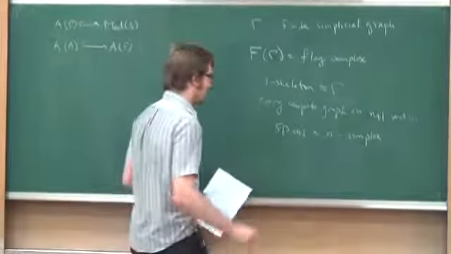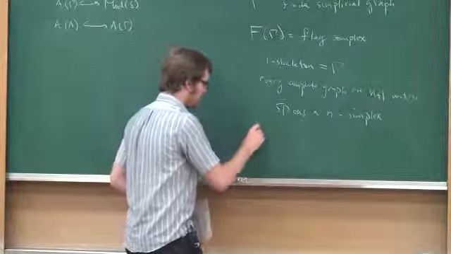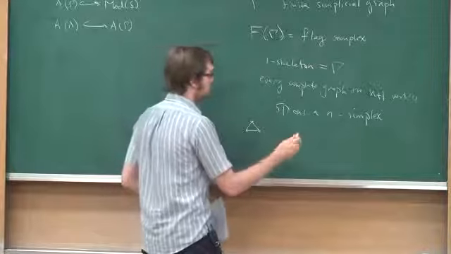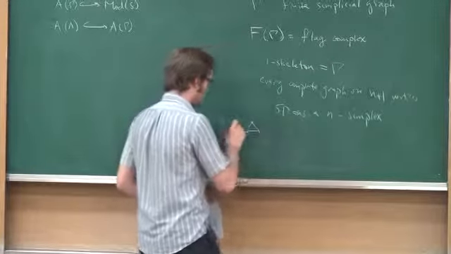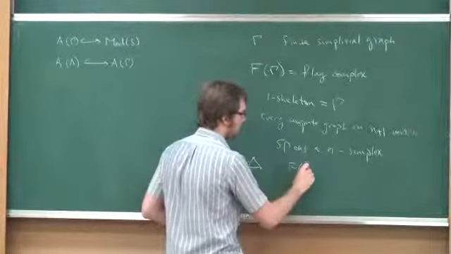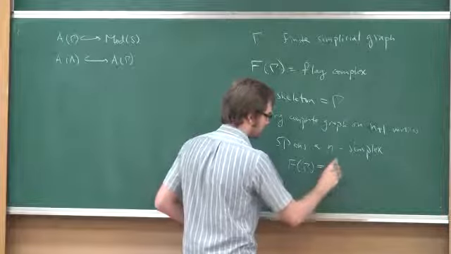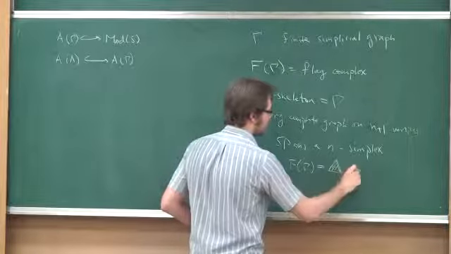So for example, if we have a graph that looks like this, then the flag complex is a filled-in triangle. So this is topologically a disk.